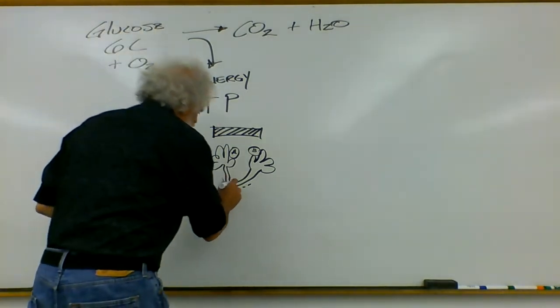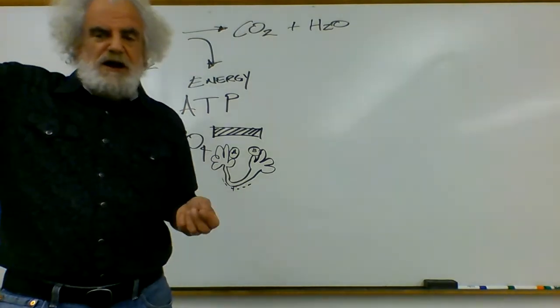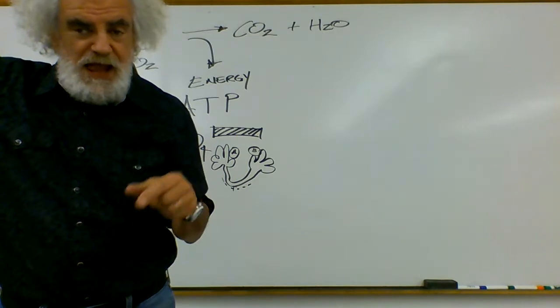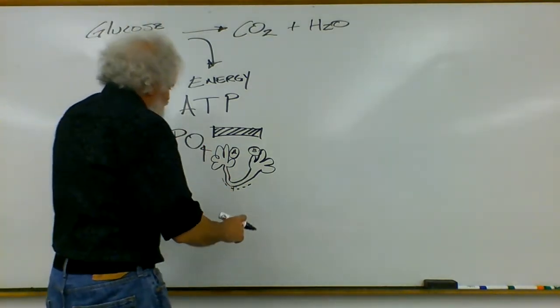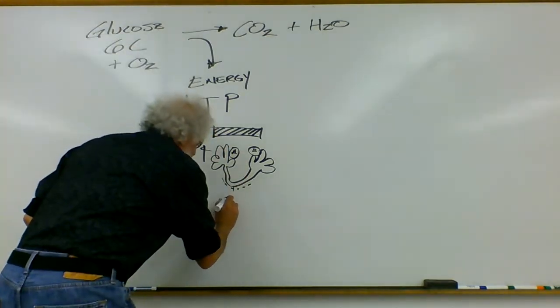And there'll be one amino acid that typically is a serine or a tyrosine. And this is subject to phosphorylation, having a phosphate added.